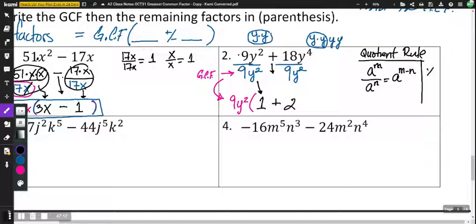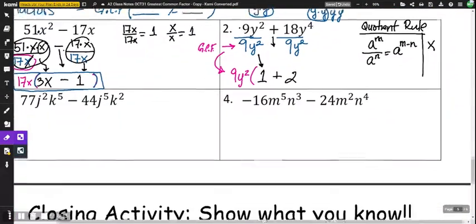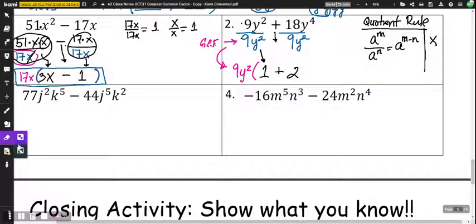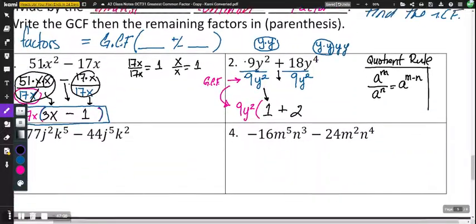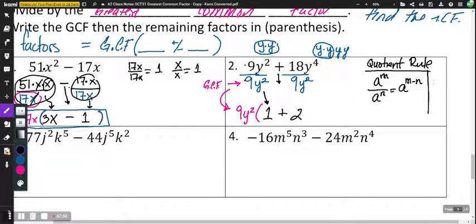This is the quotient rule. It's important to remember this when you're trying to find factors. Let's use this as an example. Y raised to the fourth power divided by y raised to the second is going to be the top minus the bottom. And 4 minus 2 is 2, so it's going to be y squared is the answer.